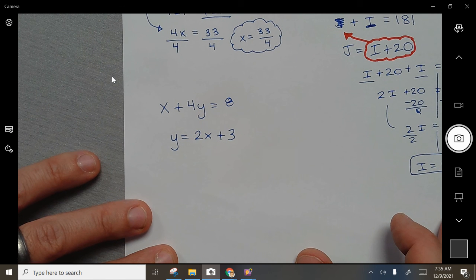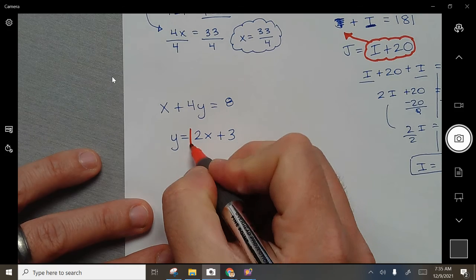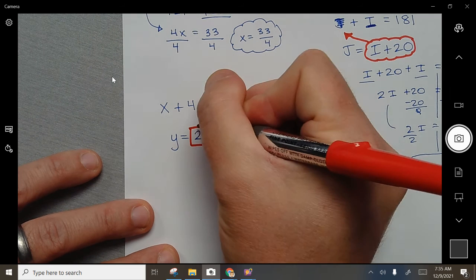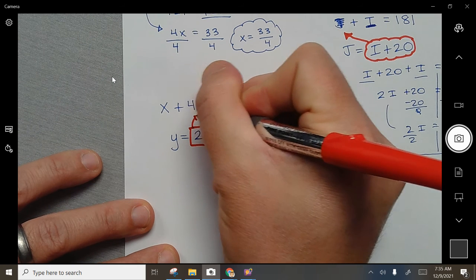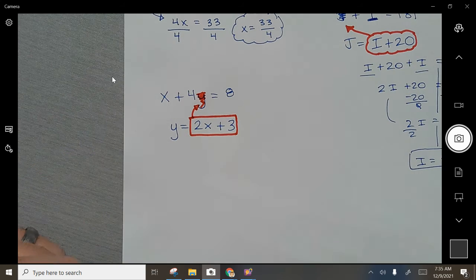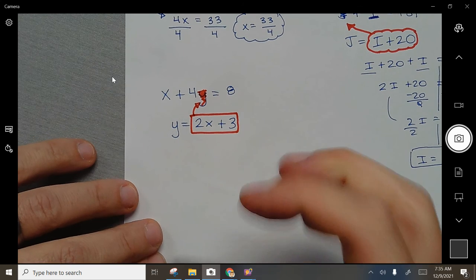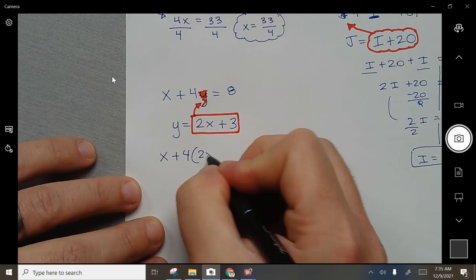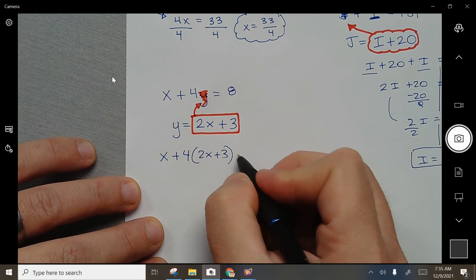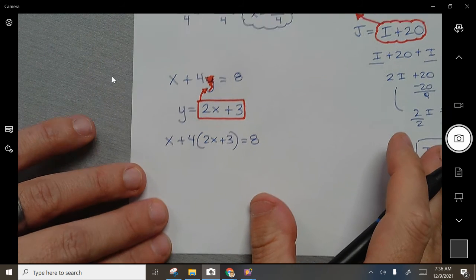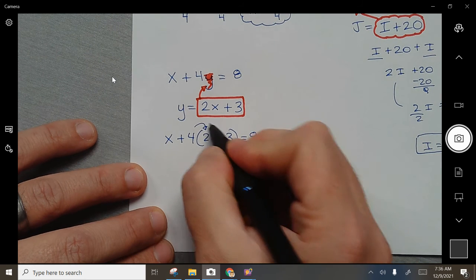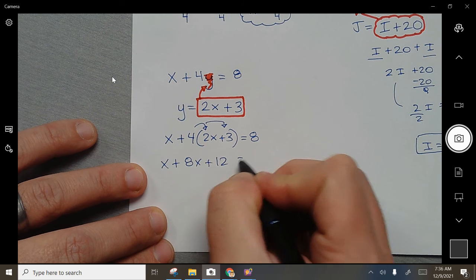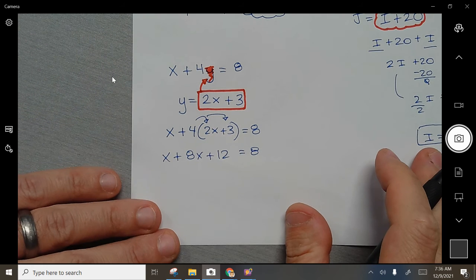X is going to be a fraction. Where does it go? Right here. And I'm going to write this 4. All right, I got to that point.